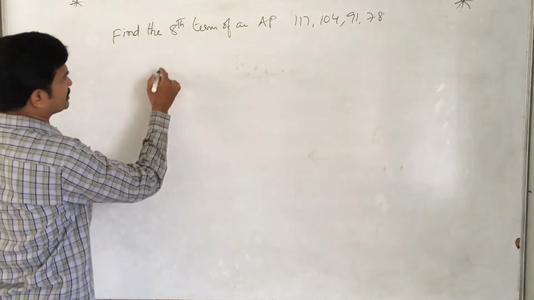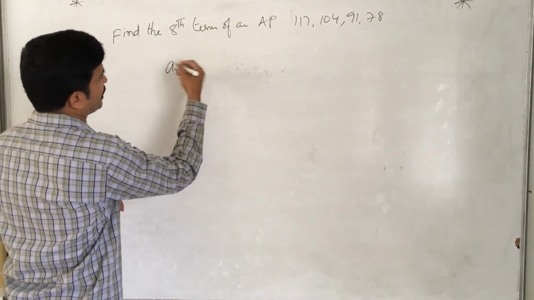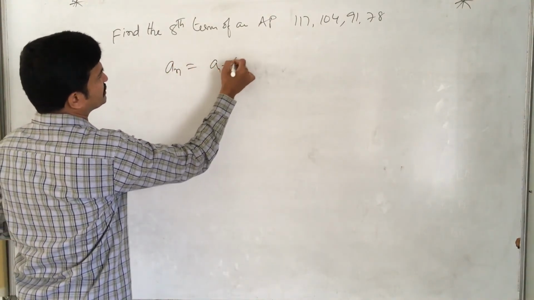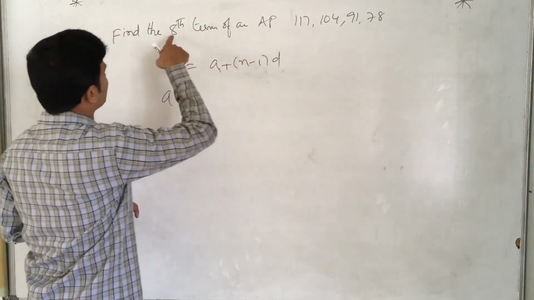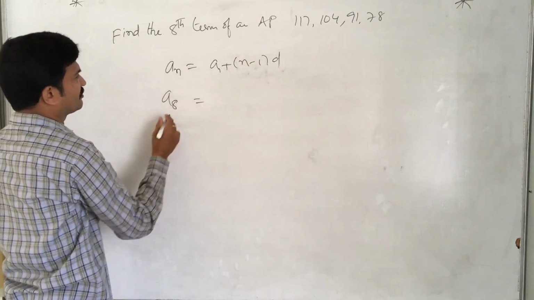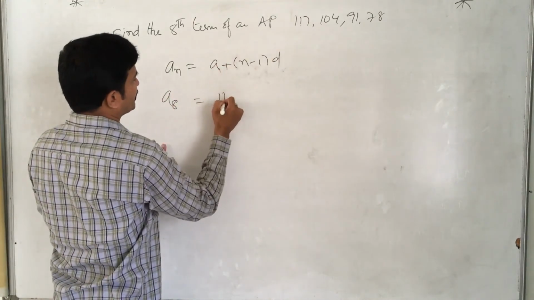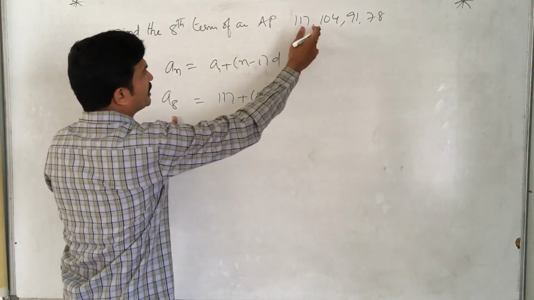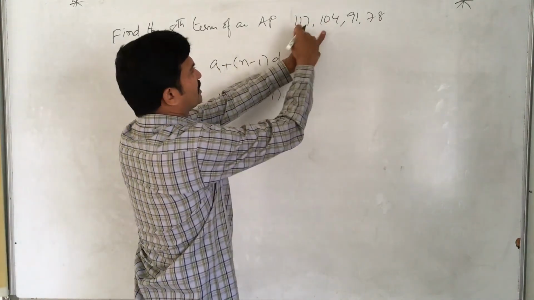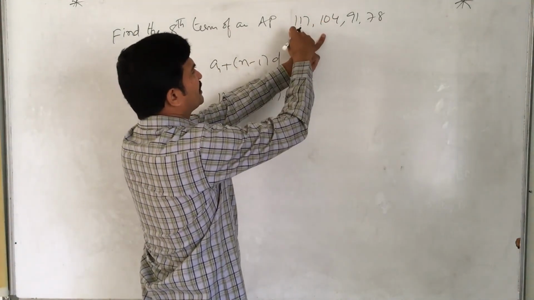Generally, what is the general term? Directly I am doing it here: a1 plus (n minus 1) into d. Here, what term am I finding? The eighth term. a8 equals a1, which is 117, plus (8 minus 1) into d. d means t2 minus t1, which is 104 minus 117, and that is minus 13.